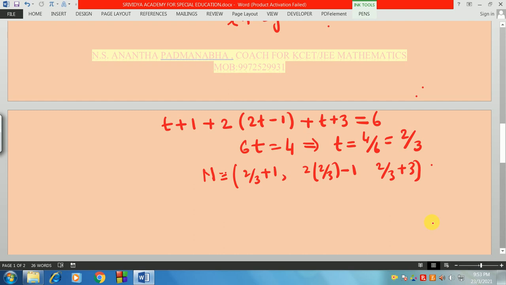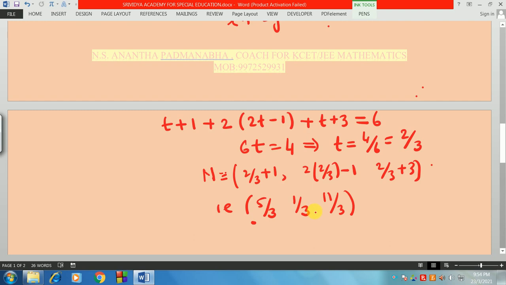That is, N is 5 by 3 here; 2 2s are 4 by 3 minus 1, which is nothing but 1 by 3; and 2 by 3 plus 3, 3 3s are 9 plus 2, 11 by 3 here.